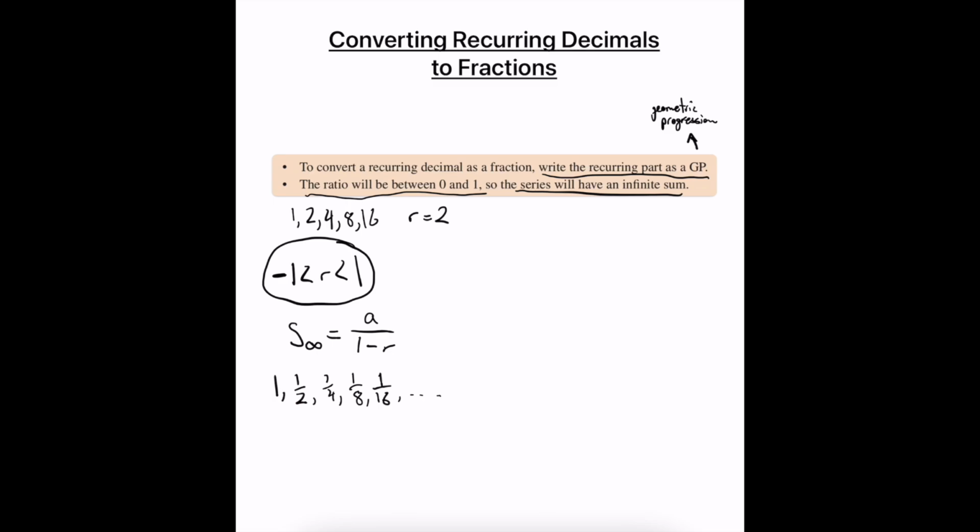It's quite similar to what we had up here, except instead of multiplying by 2, we are now dividing by 2 or multiplying by a half. This falls within our range of -1 to +1, and so that indicates to us that this will have an infinite sum.